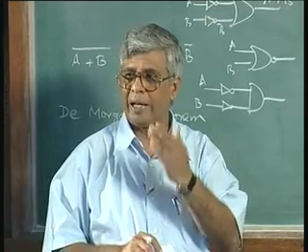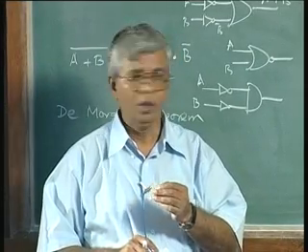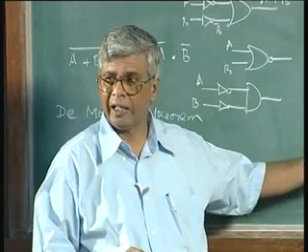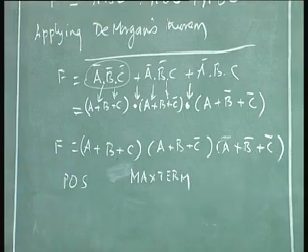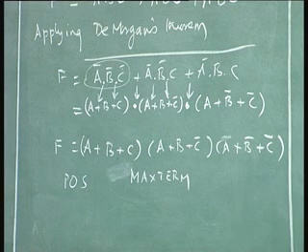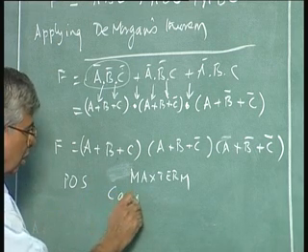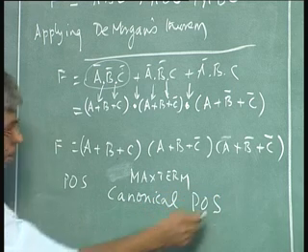For some of the max terms the output is true, for some the output is false, and the product of sums expression is written using the max terms for which the output is false, isn't it? This is also called a canonical product of sums.